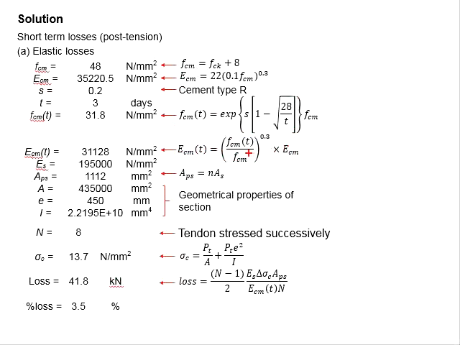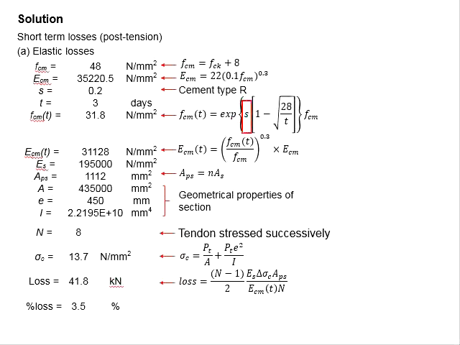To do so, we need to find Ecm, fcm, and also fcm,t. The fcm can be determined from the formula here. The concrete strength is 40. That gives you fcm equals 48 Newton per mm square. Substitute this 48 Newton per mm square into the equation here. You get Ecm as listed here.